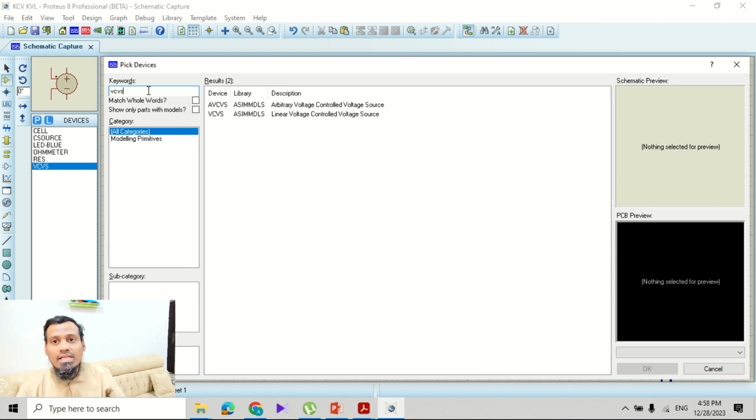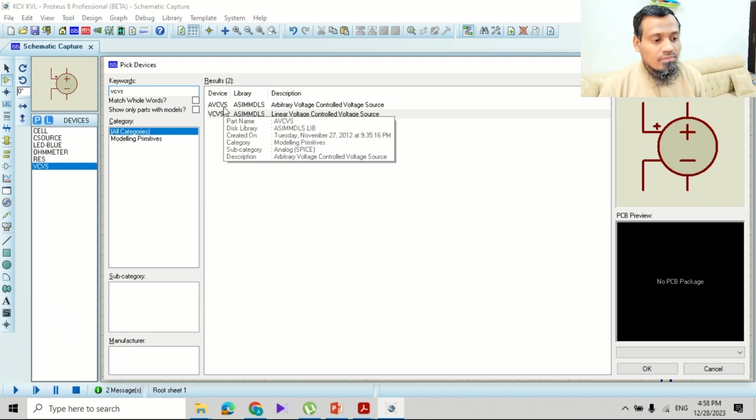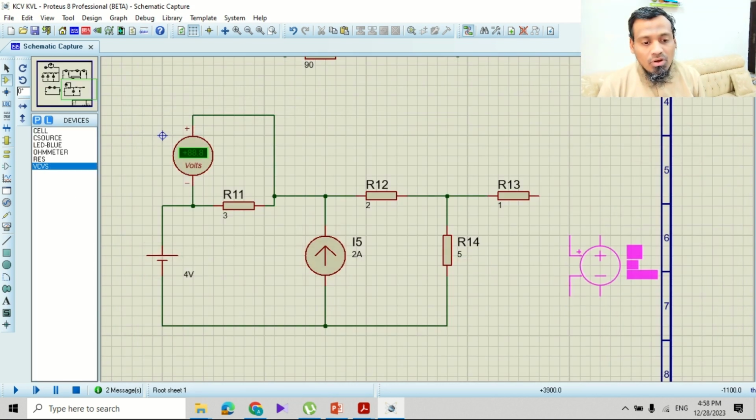In short, you can type VCVS. So this is the voltage control voltage source we need. We will pick this, click one time and click one time inside the plot area. So place it here.